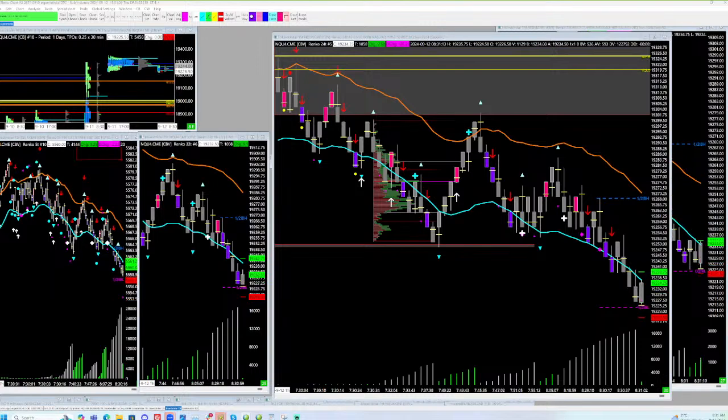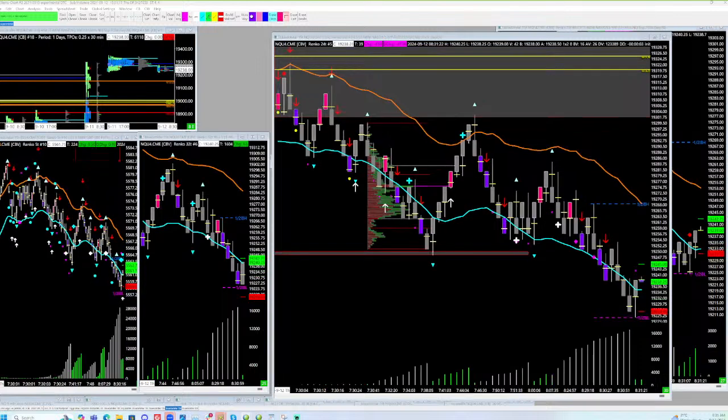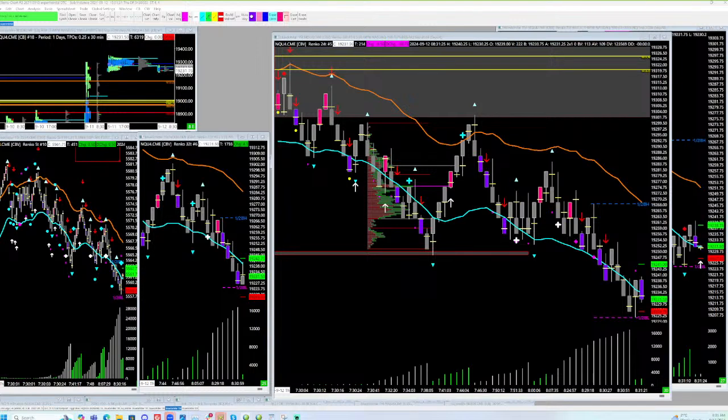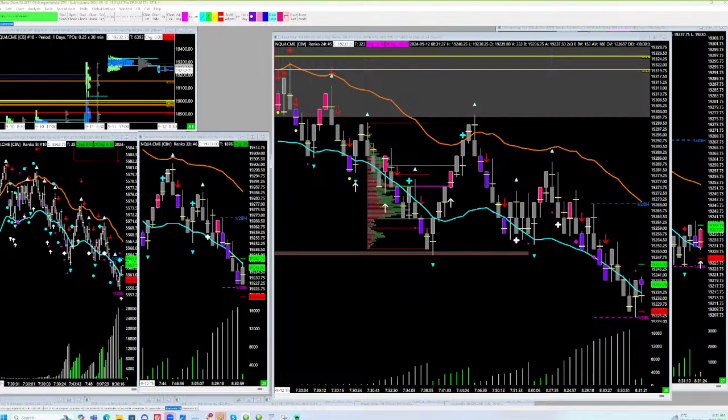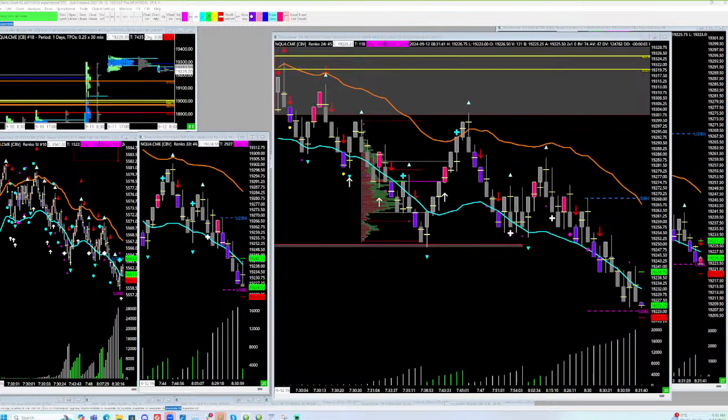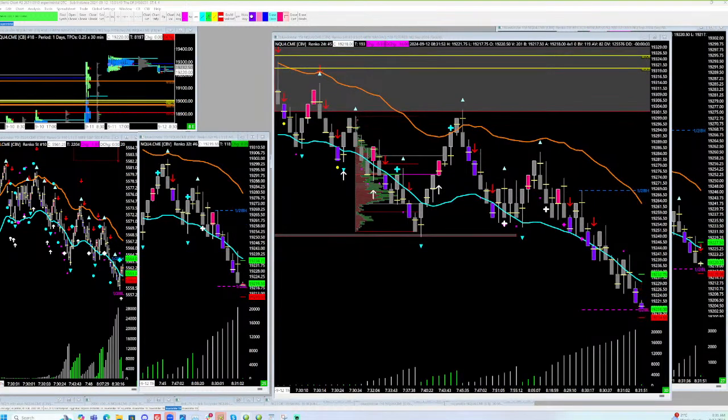And of course we're opening down after running up, and potential open drive lower.